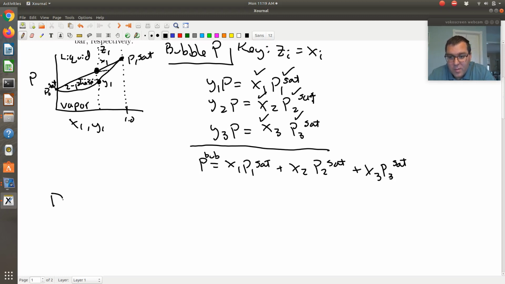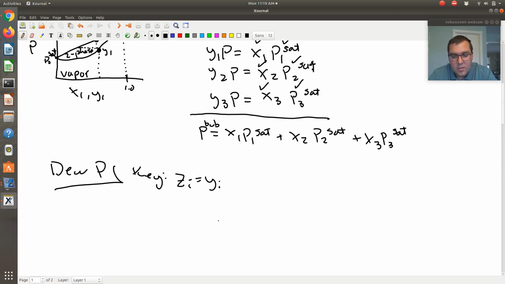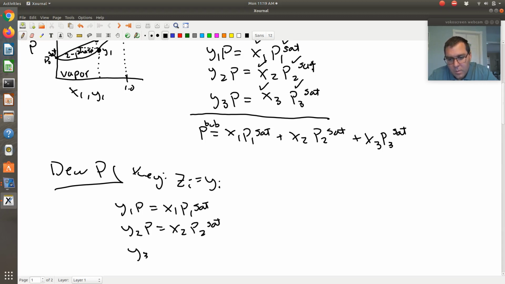If I were to do the dew P calculation, again, what's key is remembering that zi now is equal to yi. So I can write down my 3 isofugacity equations again. I have y1 P is equal to x1 P1 sat, y2 P is equal to x2 P2 sat, y3 P is equal to x3 P3 sat.